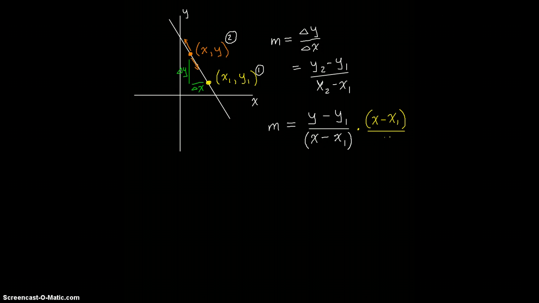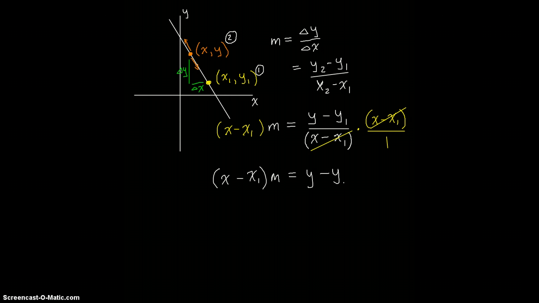Because I'm multiplying. And I'll do the same over here, x minus x1. It's an equation, so I can multiply both sides by the same thing. And notice that these on the right-hand side will cancel. And I'm left with x minus x1 times m is equal to y minus y1.